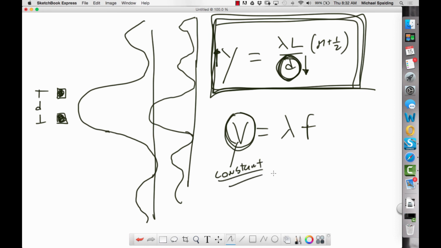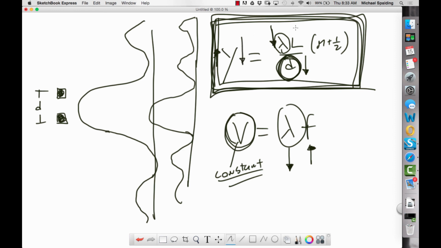So if the velocity is staying constant and they tell us that the frequency is increased, what must happen to the wavelength? The wavelength must decrease. Now look at this equation up here. If the wavelength decreases, what must happen to Y?